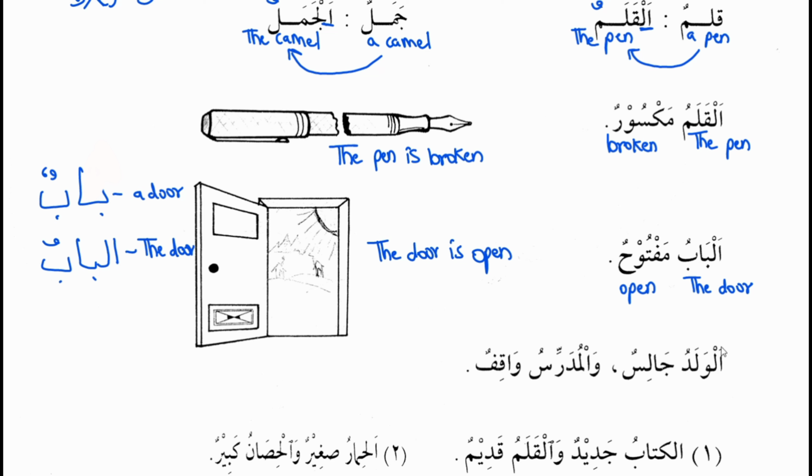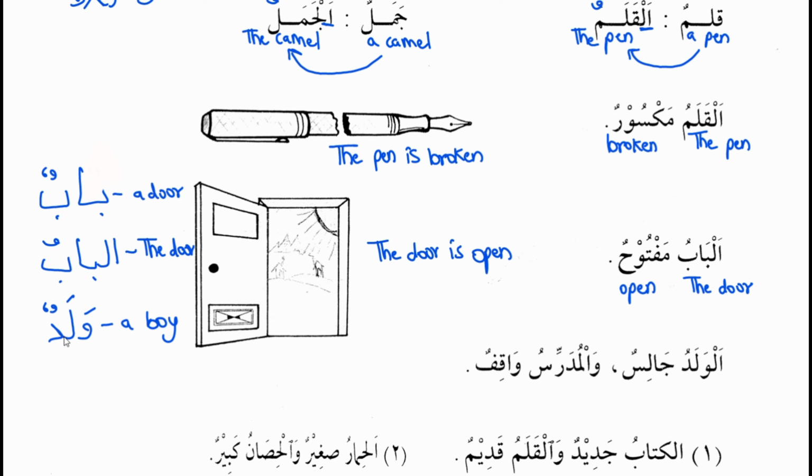The last one here is Al-waladu jalisun wal mudarrisu waqifun. We have learned that waladun means a boy, right? We've already learned this vocabulary.